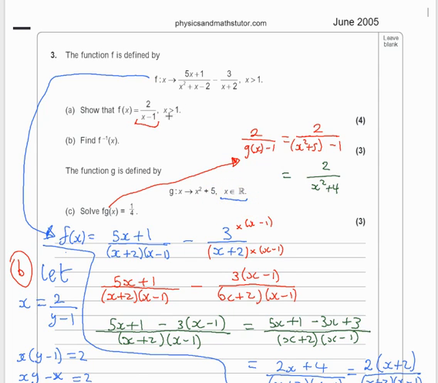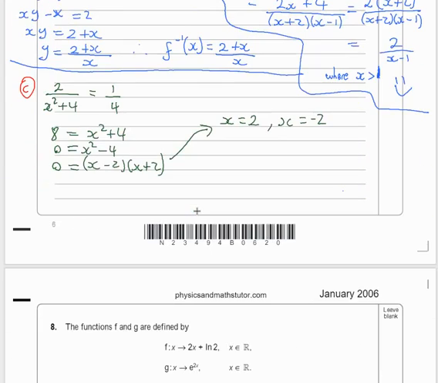But with f, they said it twice: here, x is greater than 1. So x must be greater than 1. So x equals 2 is our only solution.